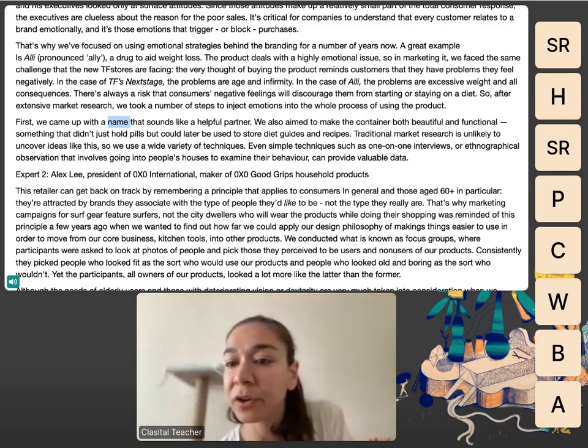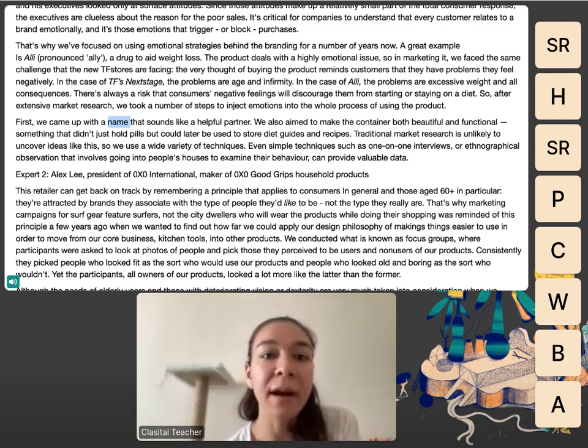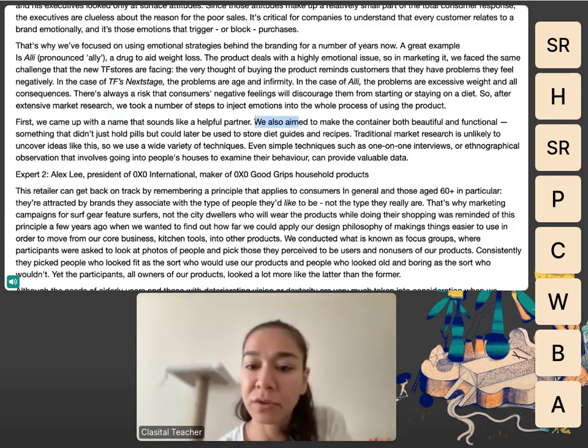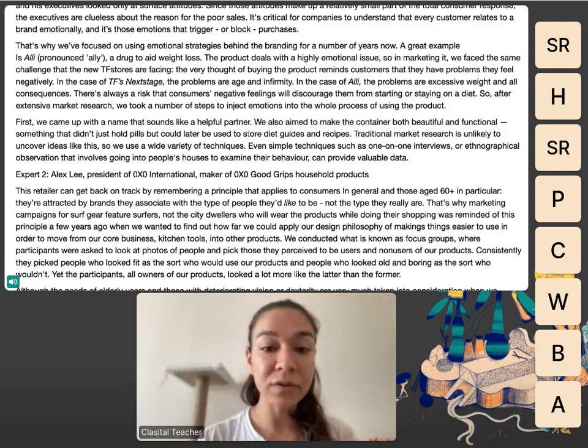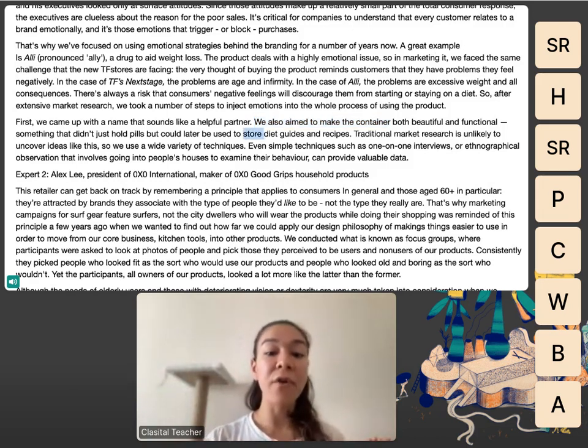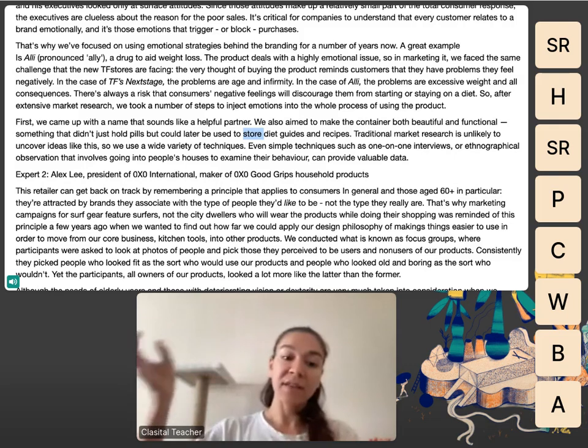Nine. Giving the product a reusable. I'm continuing reading. We also aim to make the container both beautiful and functional, something that didn't just hold pills but could later be used to store. In here, used to store is a verb, an action.